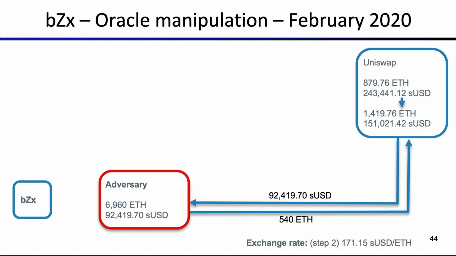With the $7,500 US, the adversary basically takes 540 of this Ether, and exchanges this on Uniswap, right? This is the previous market price of ETH SUSD, and this is the market price after the adversary performs the trade.